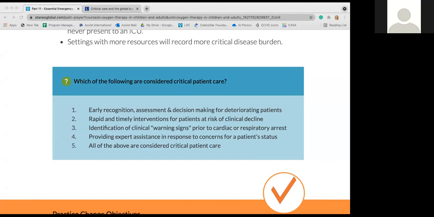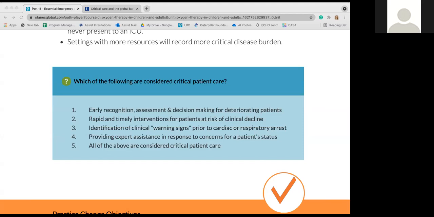Yeah, so I think most of the people got the right answer. All those items are part of critical patient care. I would like to highlight number 4, providing expert assistance in response to concern for patient status. I think most of our participants are called for airway management, which is a small part of critical care management.